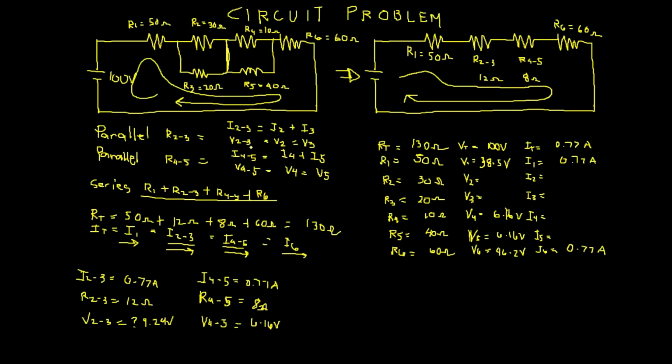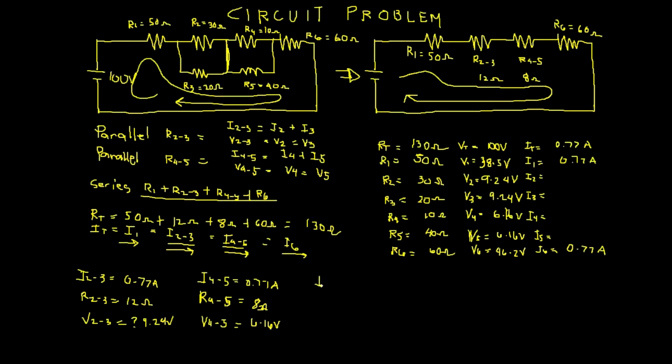So ibig sabihin, kung ano yung value ni voltage 2-3, equal siya sa voltage 2, ganun din sa voltage 3. So, umpisa natin sa voltage 2-3 na 9.24. So, ibig sabihin, 9.24 ito at 9.24 din ito. So, makukompute na natin yung I2 at I3.